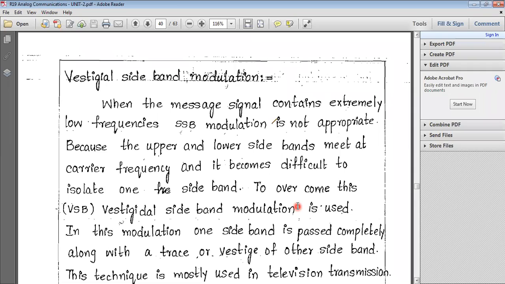Suppose the carrier frequency is 300 kilohertz and our message signal is 5 kilohertz. Then what is the upper sideband frequency?